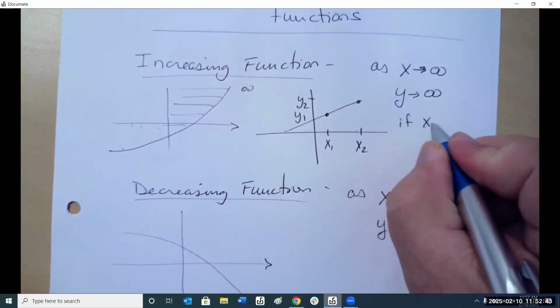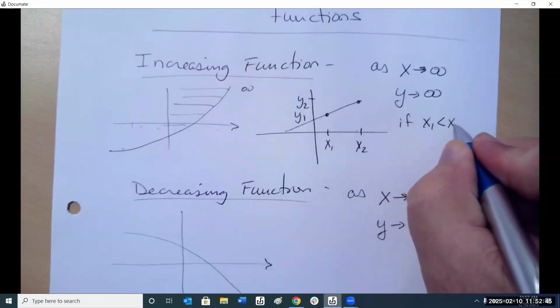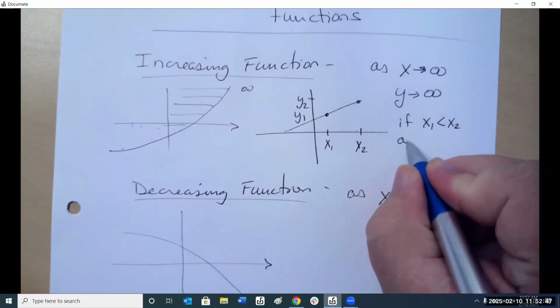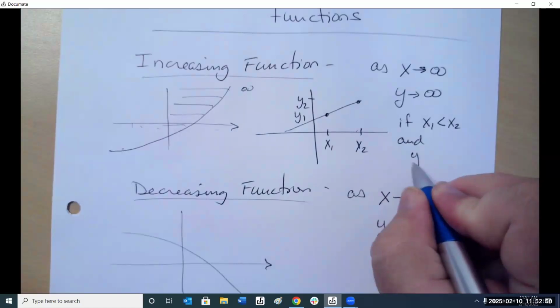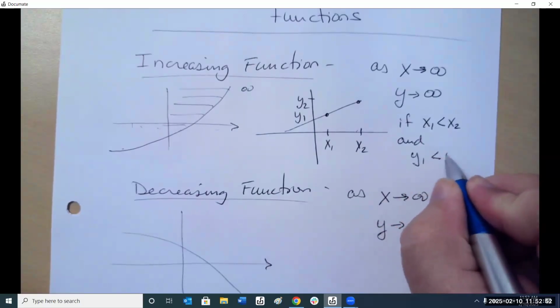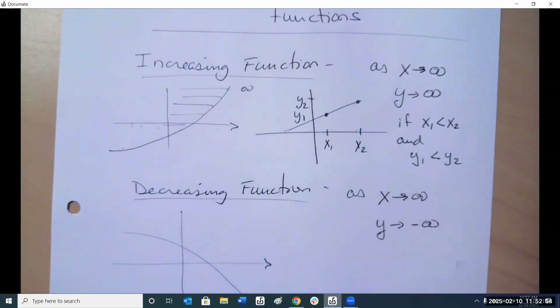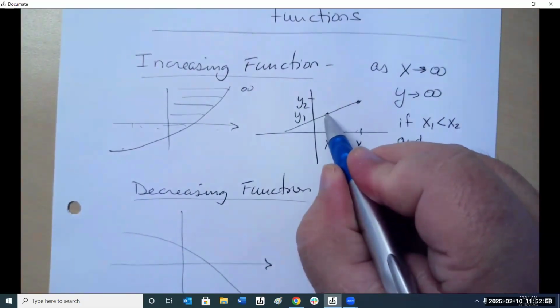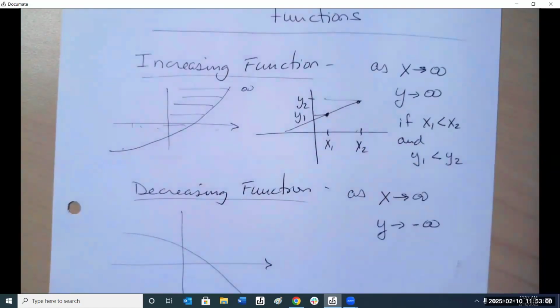If x1 is less than x2 and y1 is less than y2, then the function's increasing. Oh, I get it now. Yeah, so if this point is lower than this point, then it's increasing.